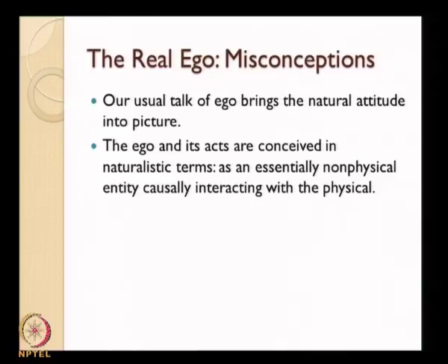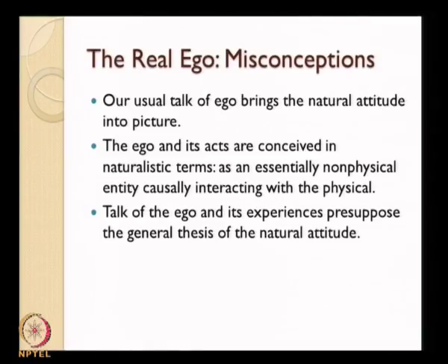The ego and its acts are conceived in naturalistic terms, as an essentially non-physical entity causally interacting with the physical world. So, here again, when I am a little concerned about myself and thinking about who am I, the mind, I would normally say that I have a mind, or my mind according to me.